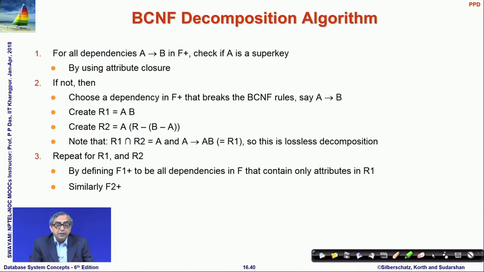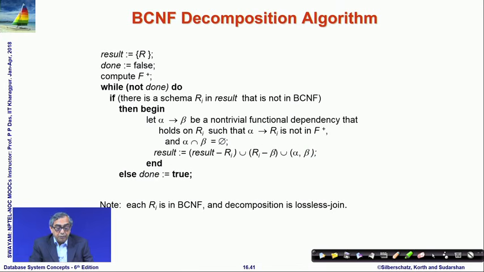Between these 2, A is a common attribute, and it will determine A B, because A determines B. So A will determine A B, that is the whole of R 1. Naturally the lossless join is guaranteed, and you keep repeating this for the resultant relations, decomposing them till you have no more violating dependency, and you will have a decomposition into Boyce-Codd normal form.